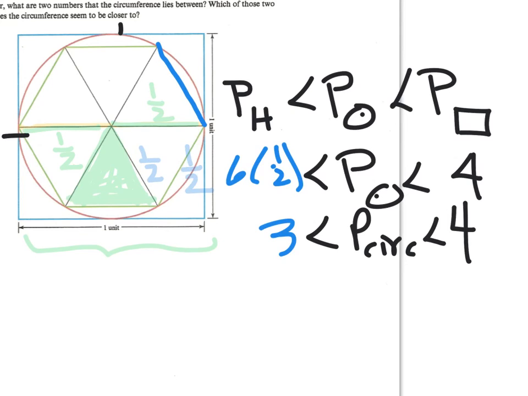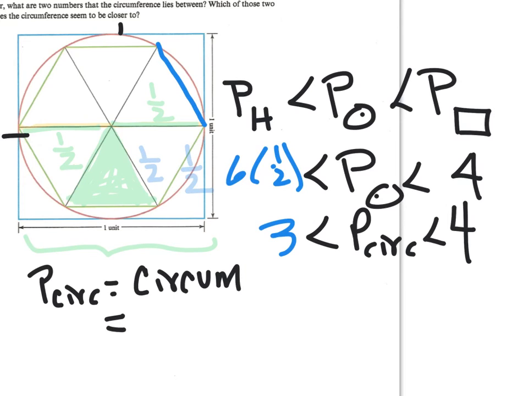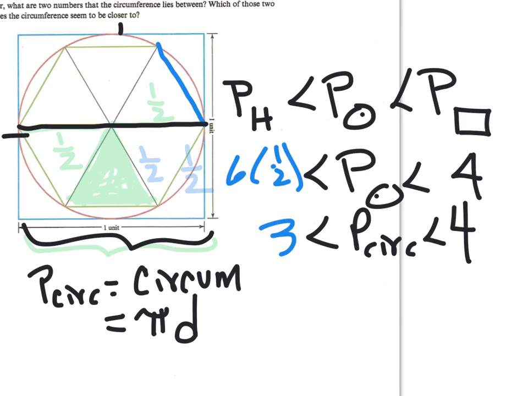Well, the question becomes, what's the perimeter of the circle? We know the perimeter of a circle is really equal to the circumference, and the circumference is equal to 2 pi r, or pi times d, and we know the diameter of this circle is the same thing we had for the hexagon, which is 1 unit.